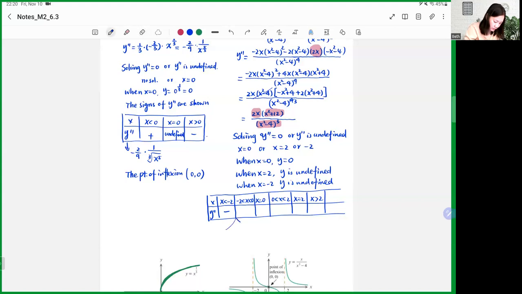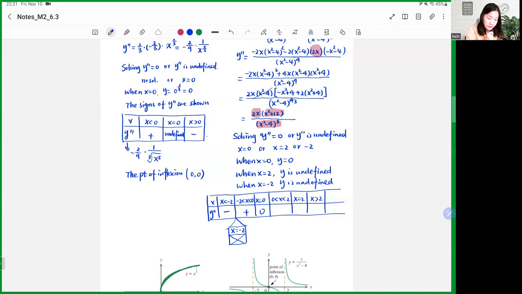x equals negative 2. I need one more box here. Okay, does not look good. Now this one is undefined, so I write maybe a cross. I don't want to write undefined. I'll write a cross. Now between -2 and 0, I have negative numerator and negative denominator, so positive.